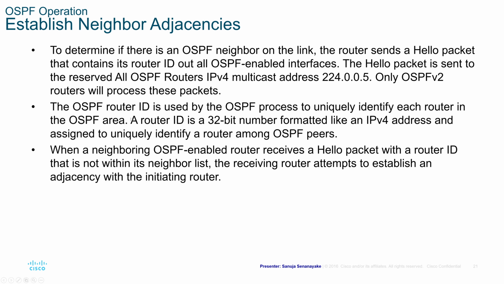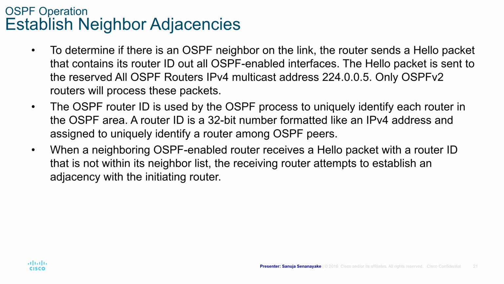The OSPF router ID is used by the OSPF process to uniquely identify each router in the OSPF area. A router ID is a 32-bit number formatted like an IPv4 address and assigned to uniquely identify a router among OSPF peers.